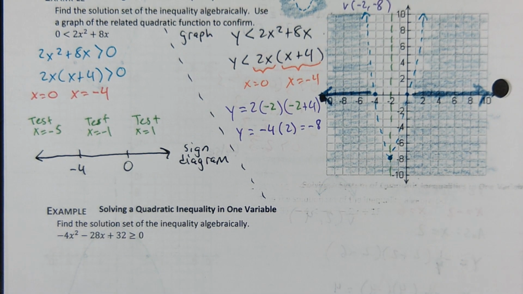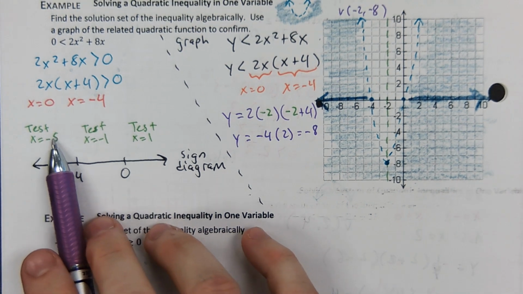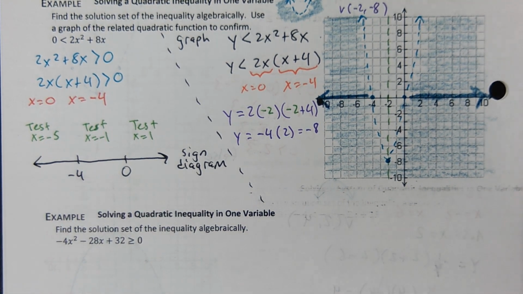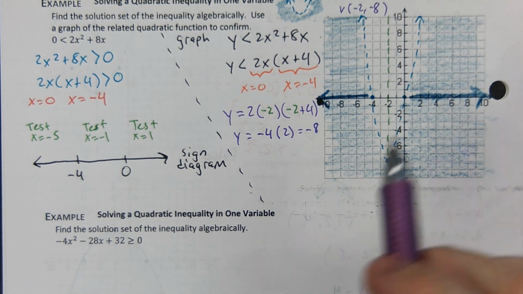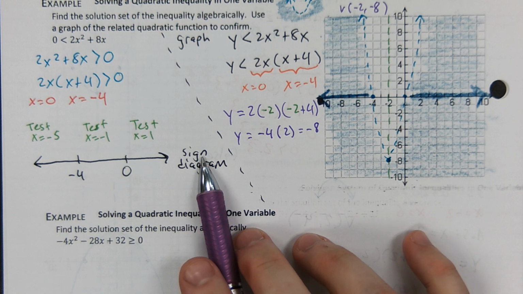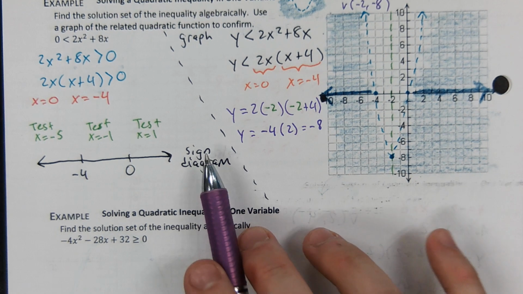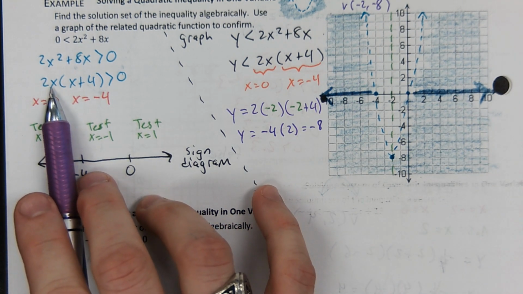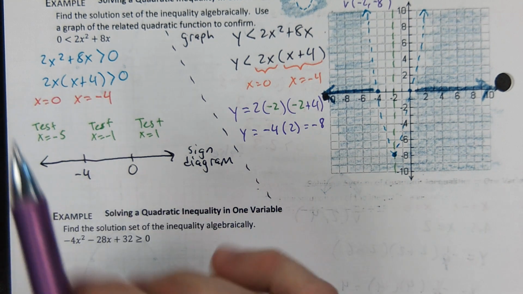Here's how this goes. You take the number and you plug it in for x. You don't care what the numeric value is. All you care about is the sign. Was it a positive number or a negative number? That's all you care about. Like this. I plug -5 right here. I get 2 times -5. Is that positive or negative? Negative.